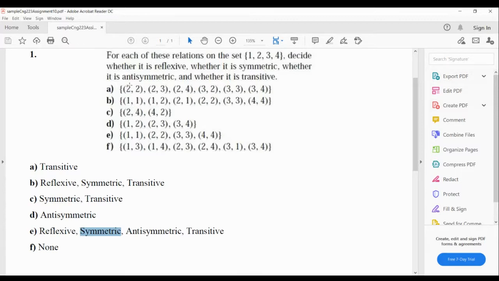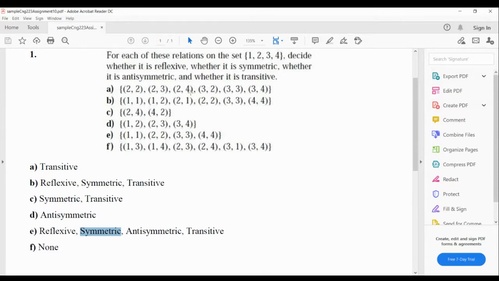So when you have 2, 2, I check the second component. Does it have any common value with the first component of any of these pairs? If this is the case, we should check it. 2, 2 has 2 in the second component. In the first component of this pair and this pair, I found 2.